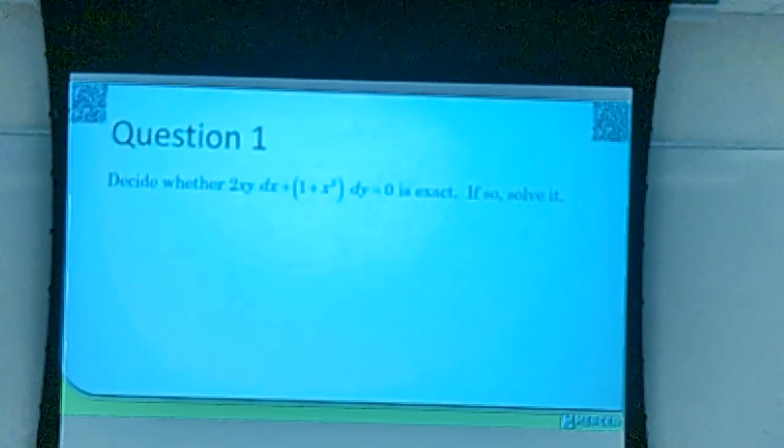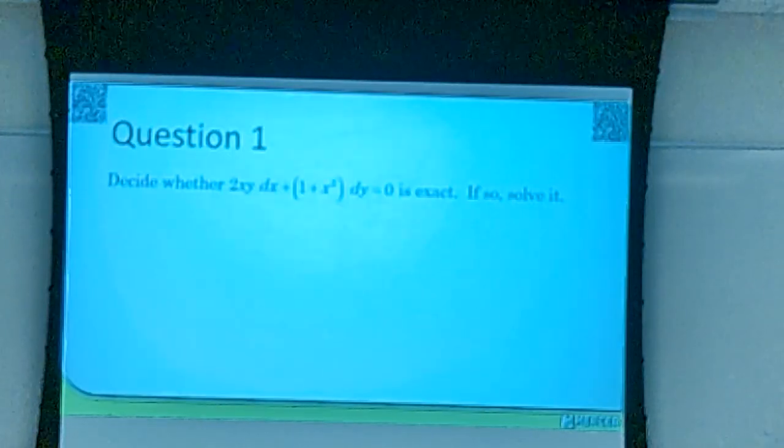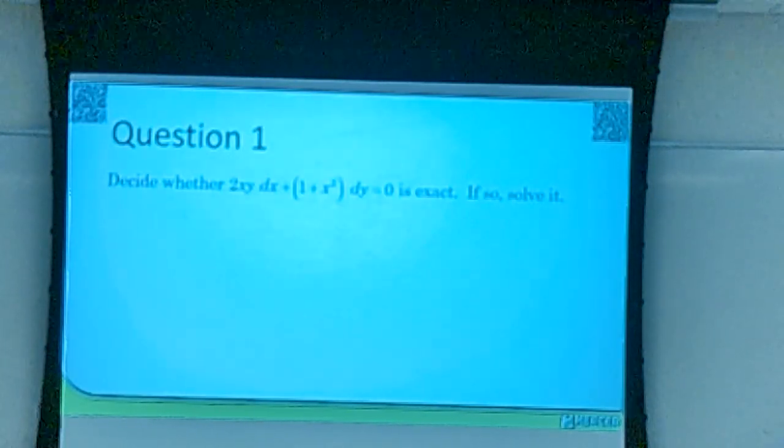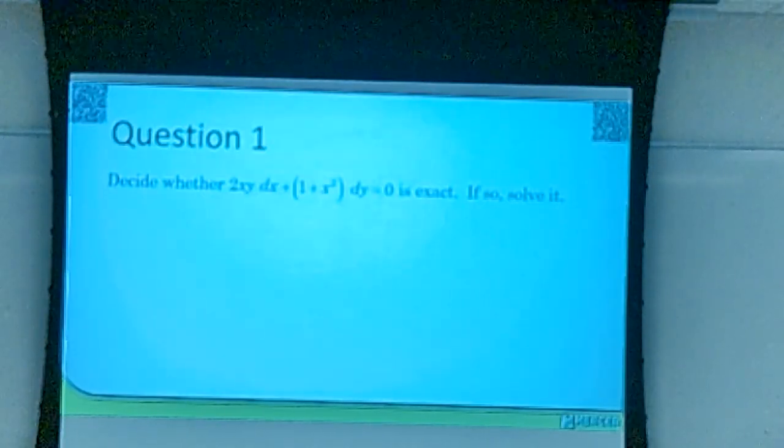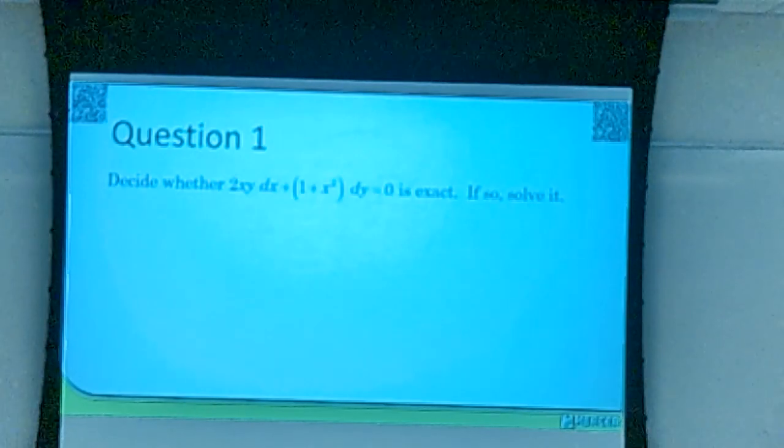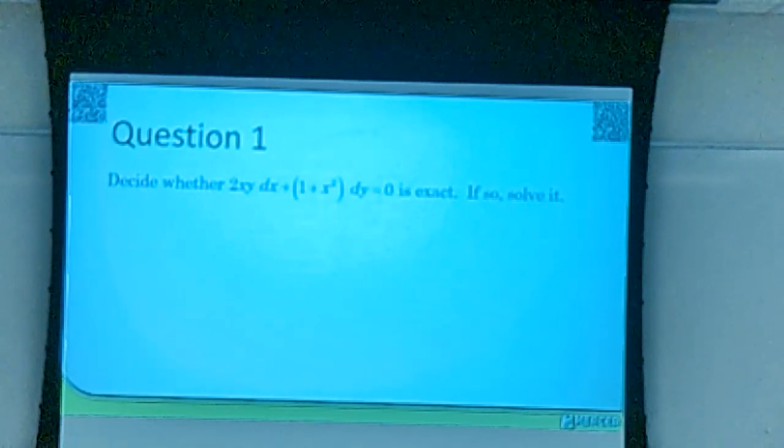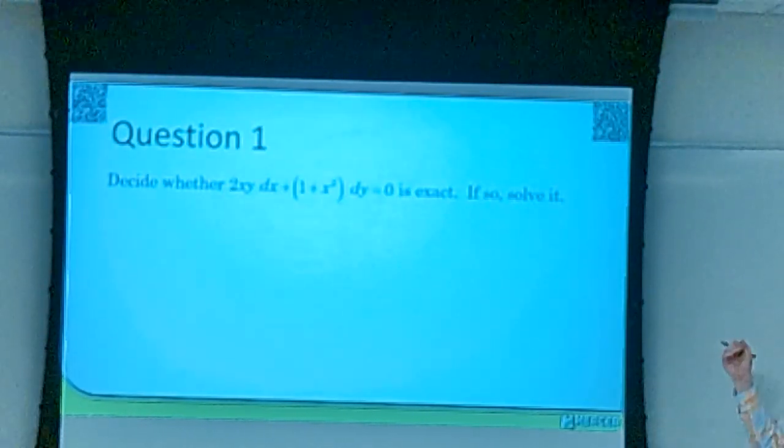I don't think I cover it in class, so you'll need to read through that section, but it's not that difficult. The idea is the same: you find your integrating factor, multiply through by it, and it makes the whole thing exact, and then you solve it using that method. We're not going to worry about that for this. If it's not exact, we're not going to try and make it exact.